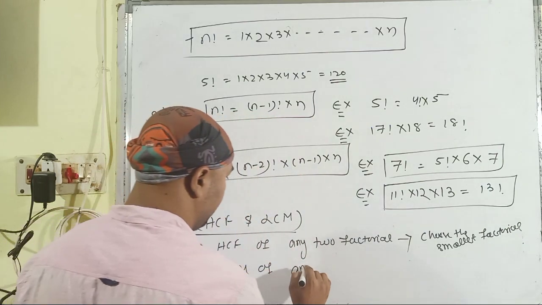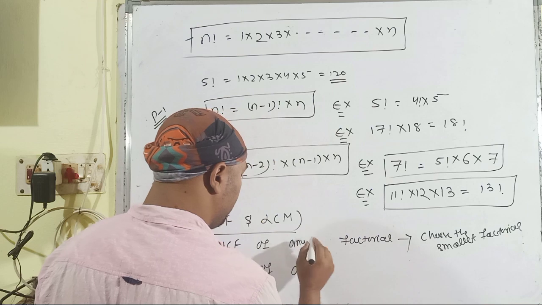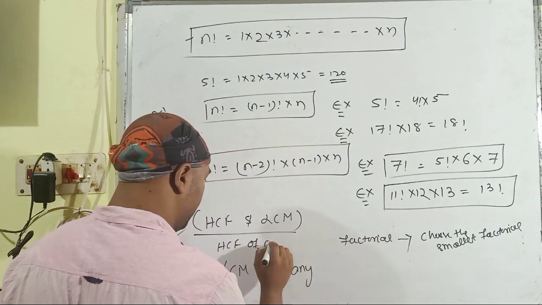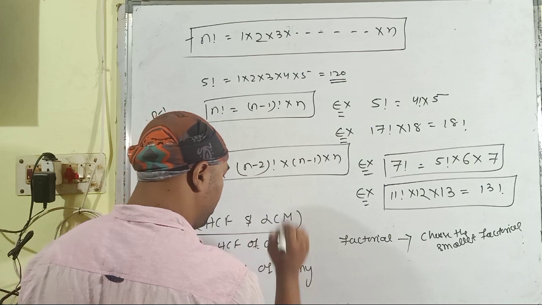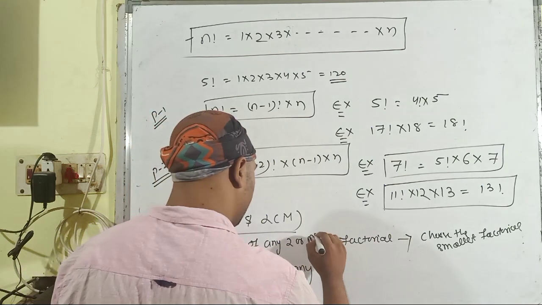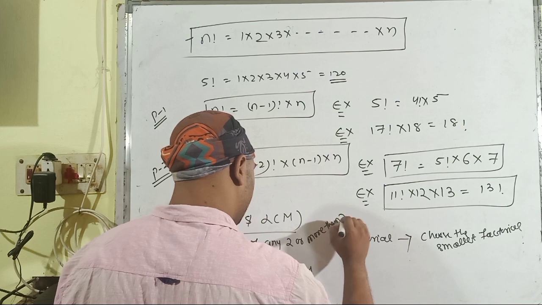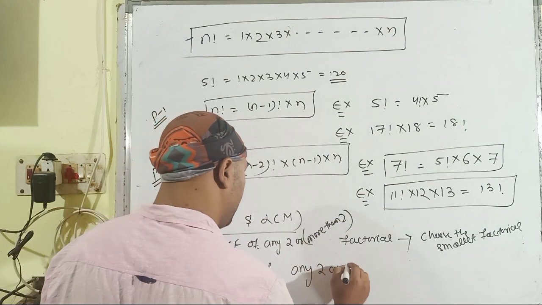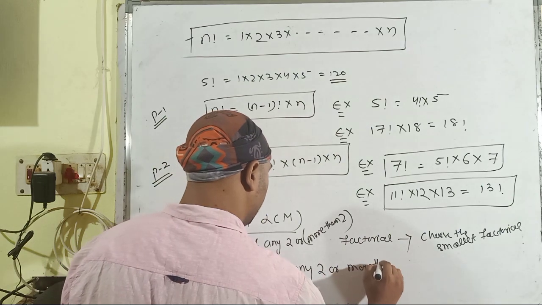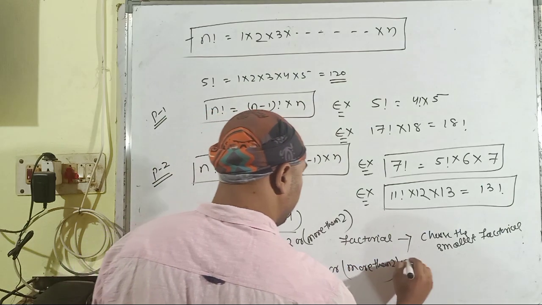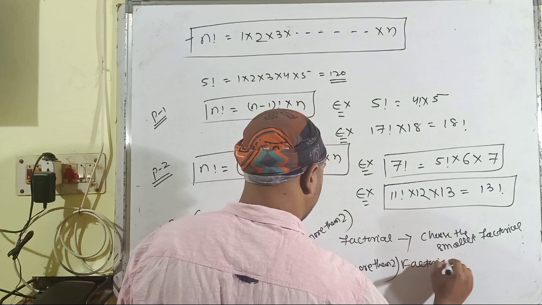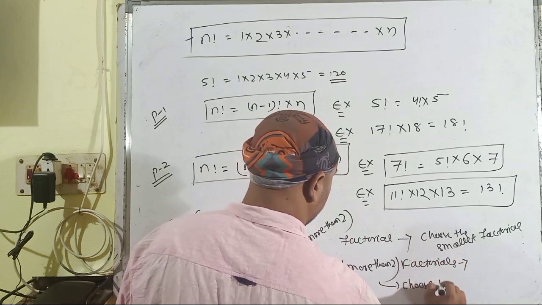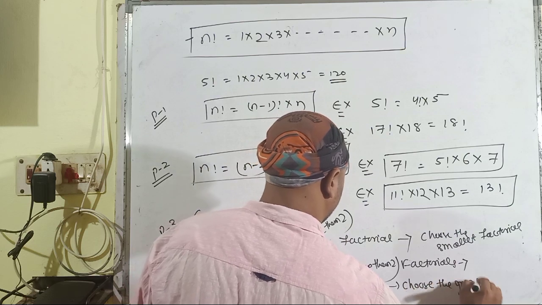LCM of any 2 or more than 2 factorials, then choose the greatest factorial.